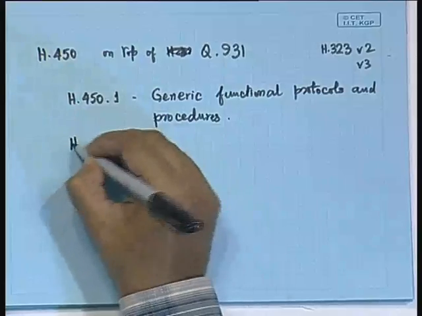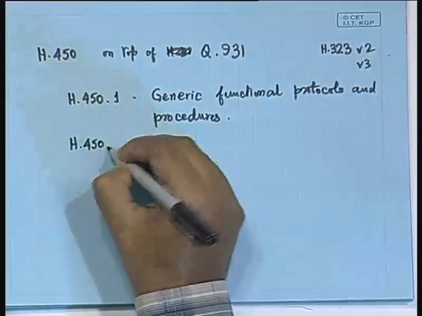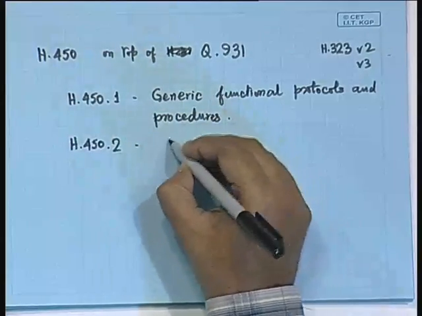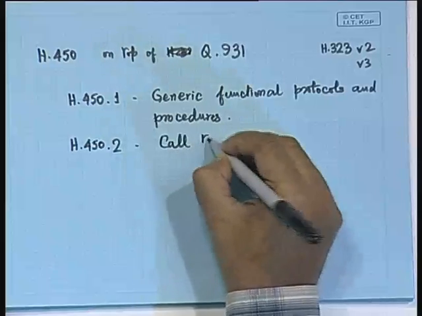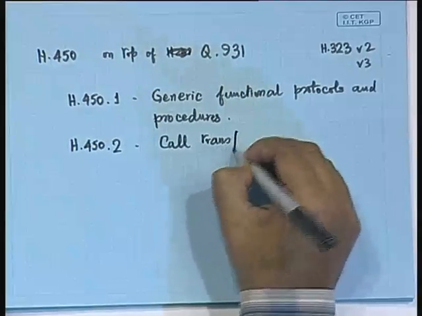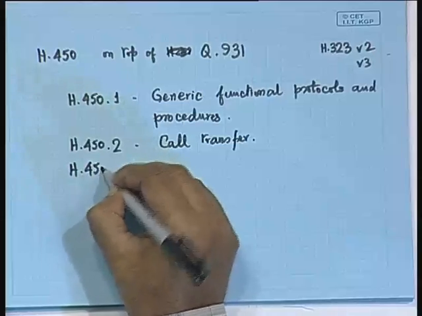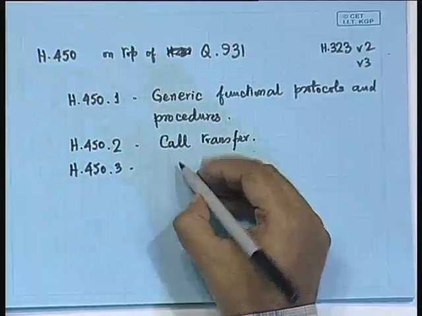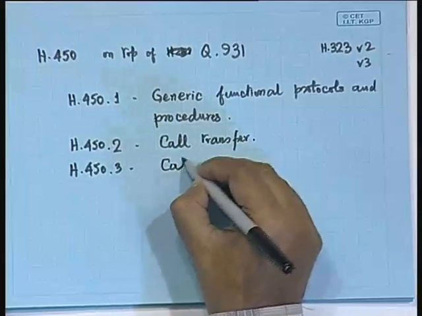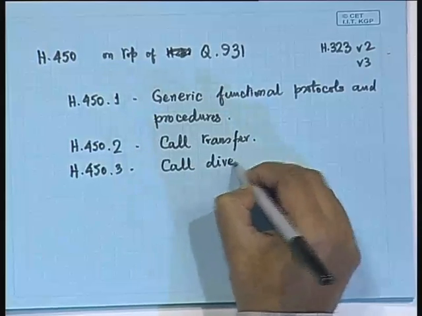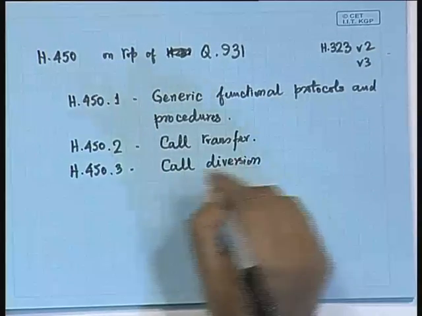Then H.450.2 refers to the call transfer. Then H.450.3 is call diversion, which essentially refers to call forwarding.